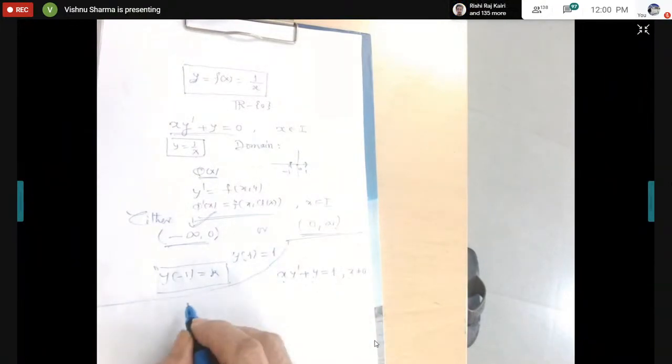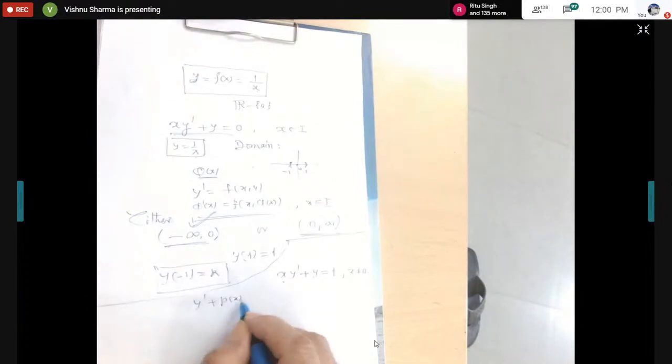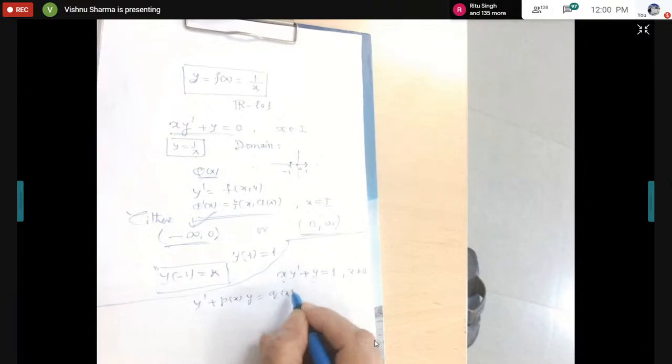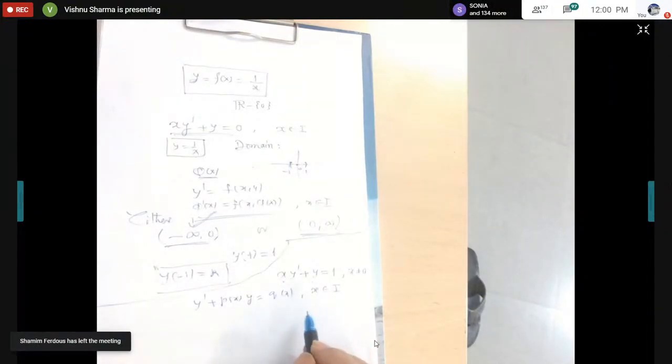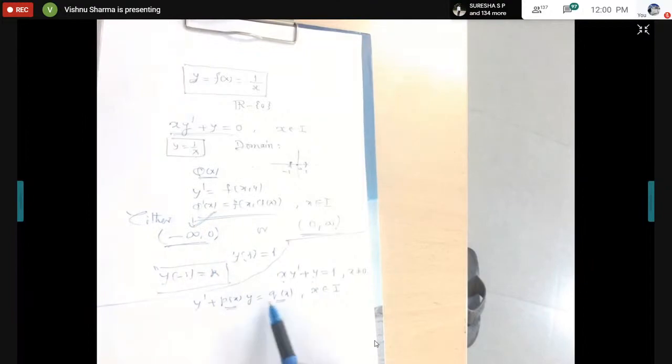So if you look at the standard form of a linear equation, I am talking about the linear equation, y dash plus P of x y is equal to Q of x, where x belongs to some interval. Remember, this is the domain of this differential equation. Now, there is a very standard, most basic theorem: if P and Q are continuous functions on this interval, then this differential equation satisfying some initial condition, say y of x naught is equal to y naught, has a unique solution on that interval.